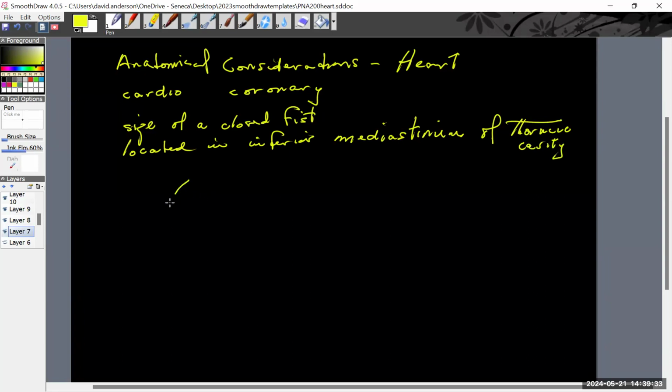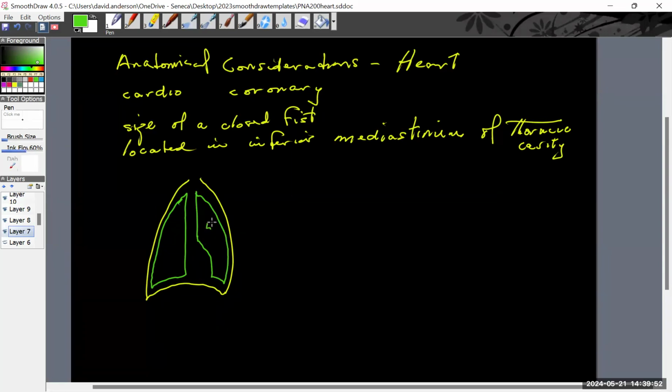So if we drew the thoracic cavity, which looks something like this, a big bulk of the thoracic cavity is filled with lung. What we would notice is that the left lung has a distinct notch, and that notch allows the position of the heart.